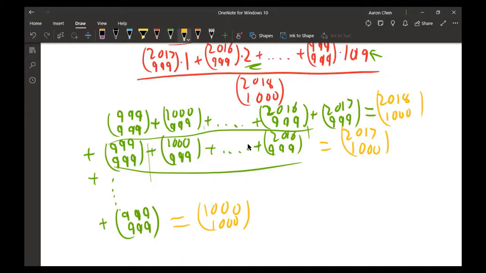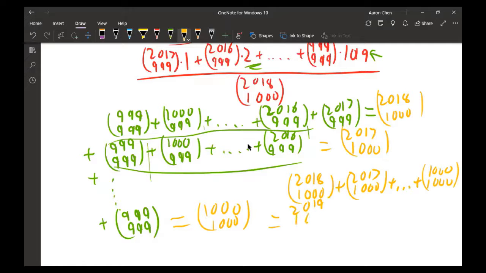And so that means that this is equal to 2018 choose 1000, plus 2017 choose 1000, all the way to 1000 choose 1000. And so if we apply the hockey stick again, this is just equal to 2019 choose 1001.